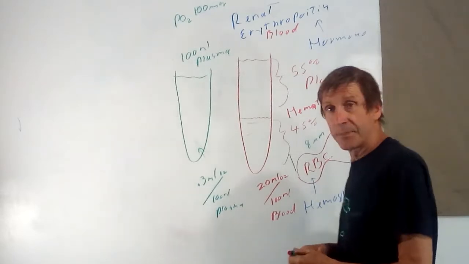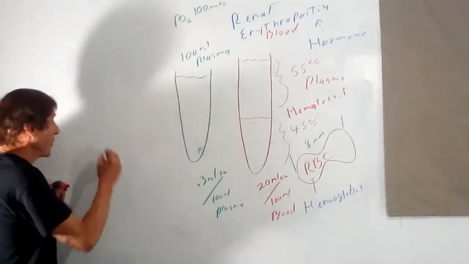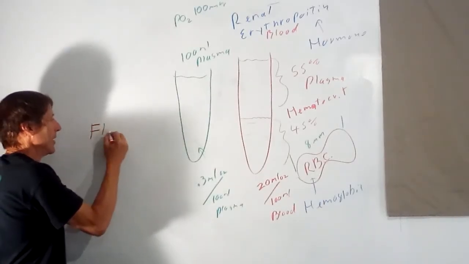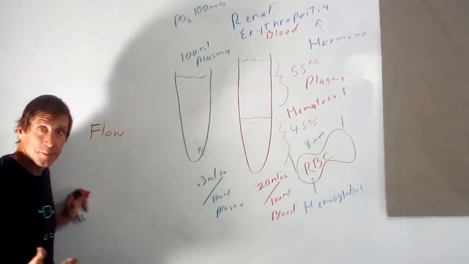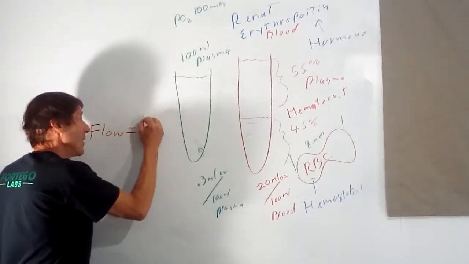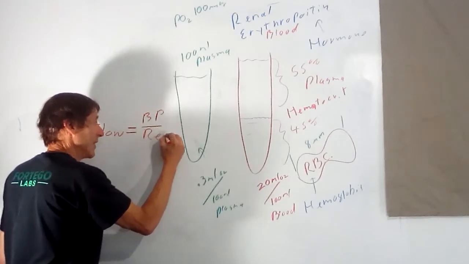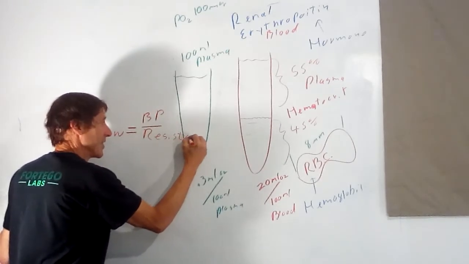Do you remember, early on, I think we were still in the classroom, when we want to determine the flow of blood through a tube in the circulatory system, that's basically cardiac output, it's determined by blood pressure over resistance.